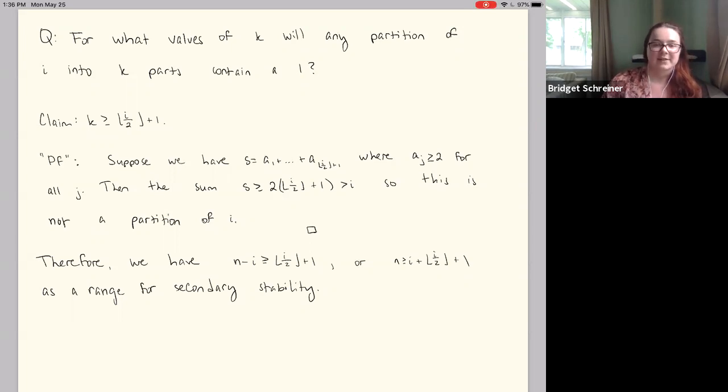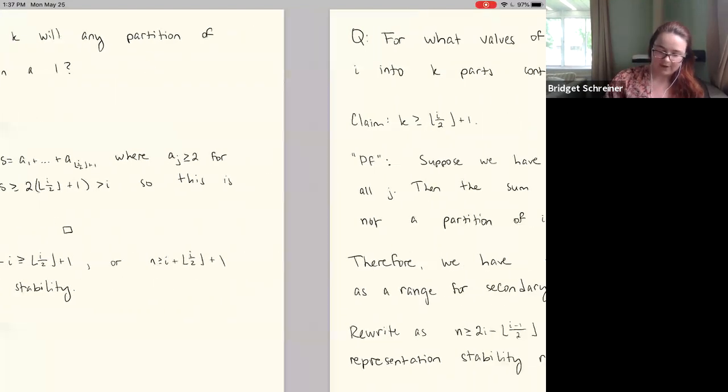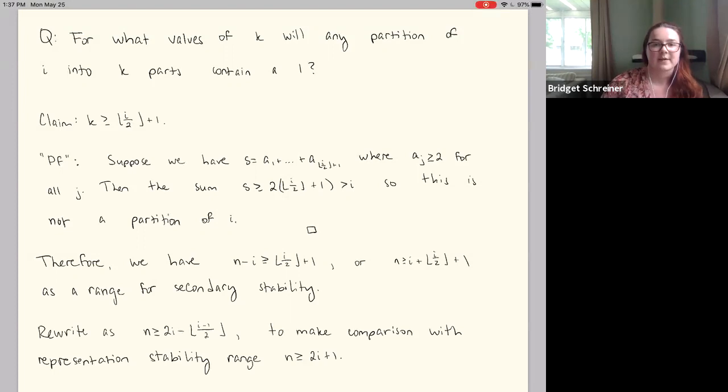When I originally did this, I wasn't thinking about it quite in terms of how many pieces I need to get a 1 in the partition. I was basically just looking at experimental data and finding patterns in that. So the original way that I wrote this was n greater than or equal to 2i minus floor of I minus 1 over 2, just because that fit the patterns I was seeing.